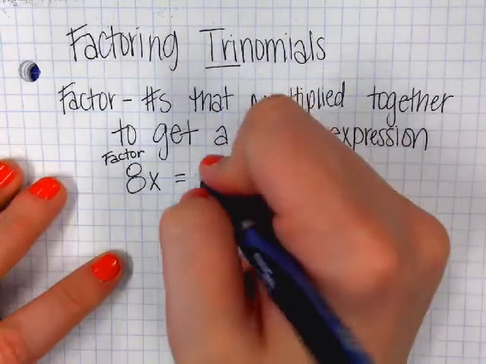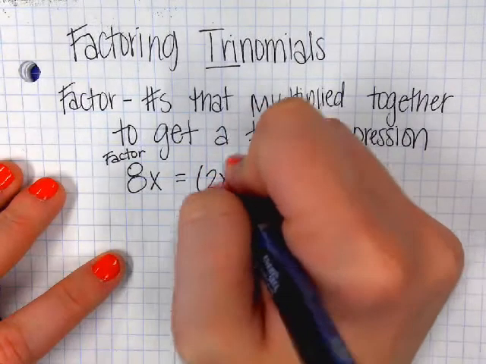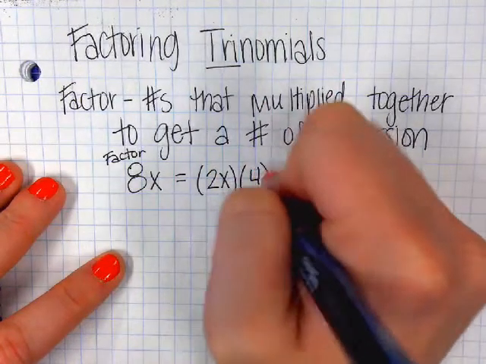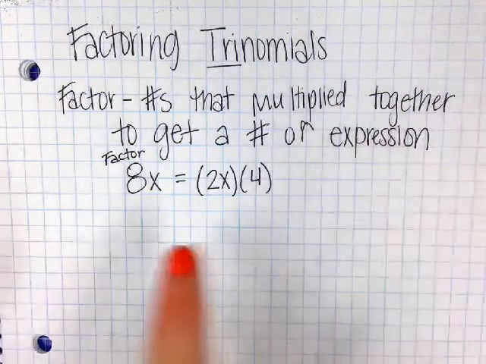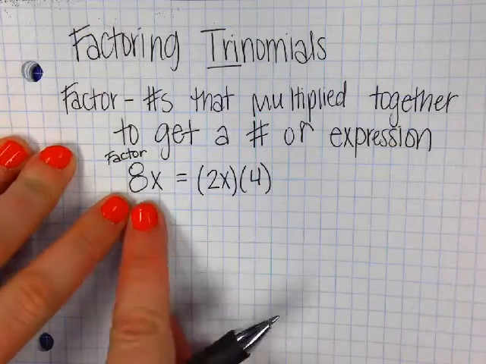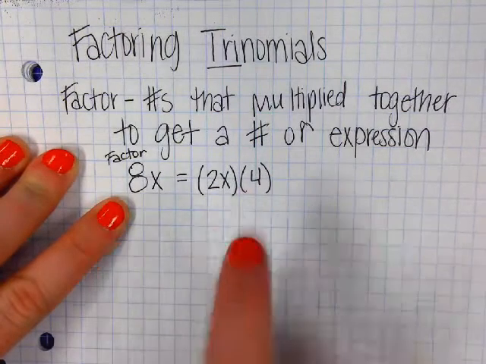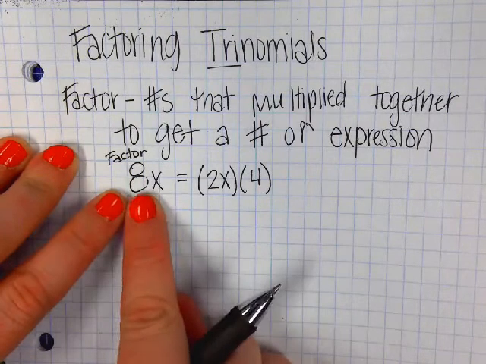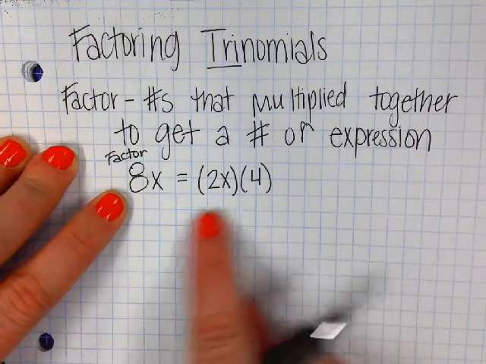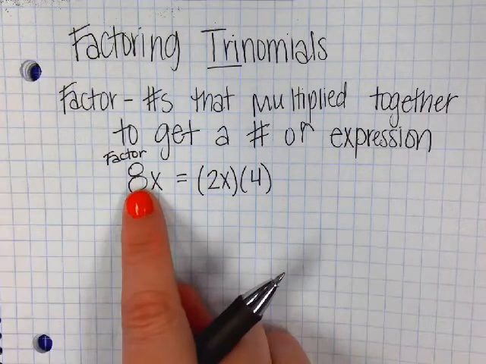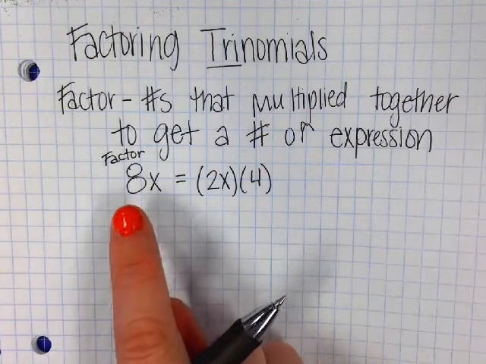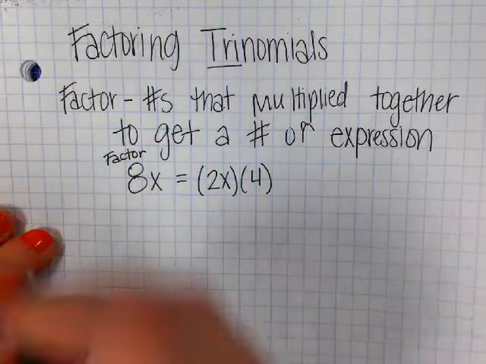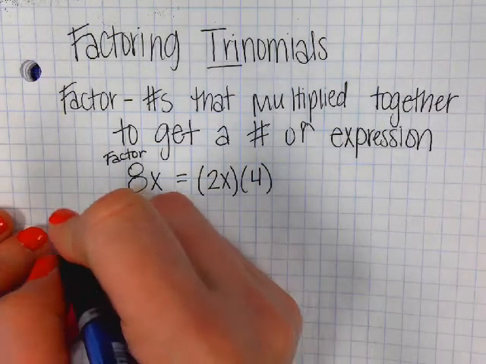So 2x times 4 could give you an 8x. So it's working backwards. It's the opposite of multiplying polynomials. It's giving you a piece of information and saying what multiplied to get that information.